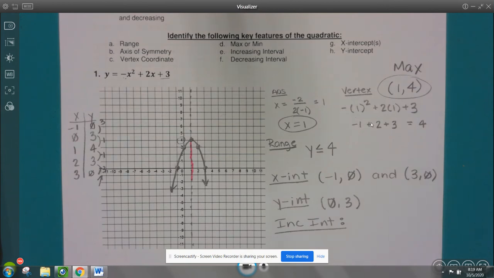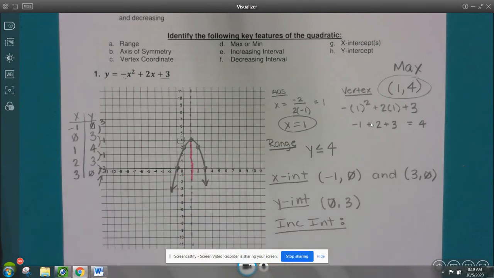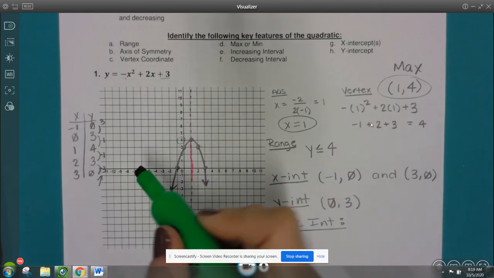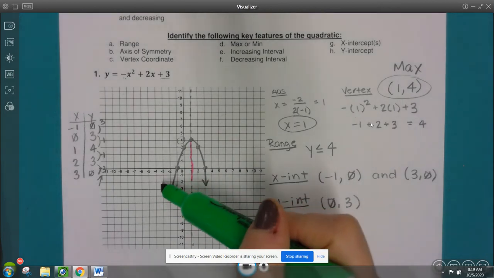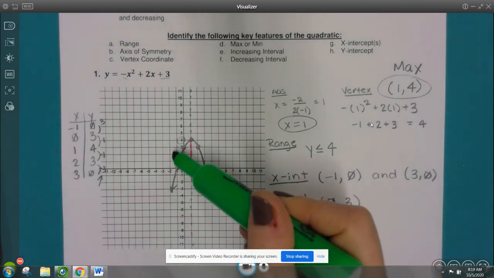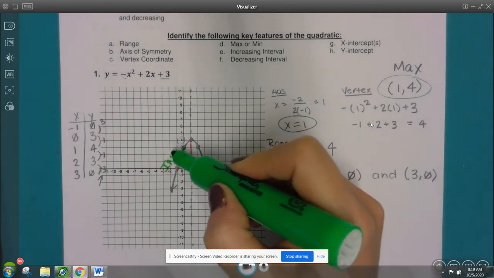So then I need to figure out these values to the left of that, if those numbers are going up in y or down in y. So if you pretend that you're a little ant and you're walking along this function from left to right, the first thing we're doing is going up. So this would be increasing.